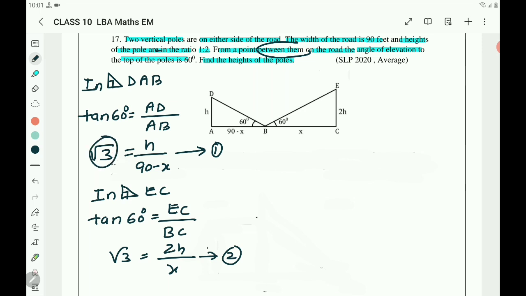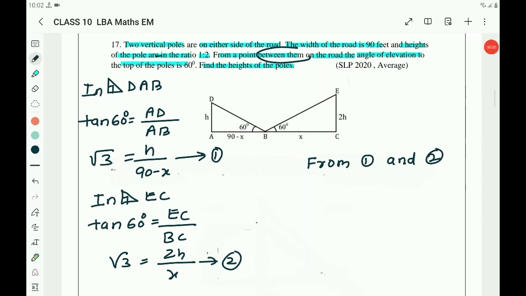Here you observe the LHS, root 3 is there in both. Therefore, the RHS must be equal. So from first and second, as LHS are equal, RHS must be equal. So you write h by 90 minus x equals 2h by x. Here you can cancel h and h and do the cross multiplication.